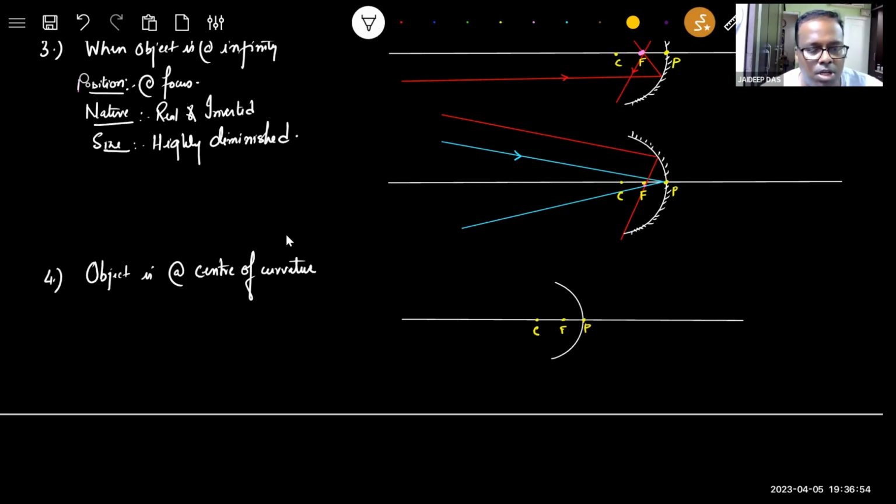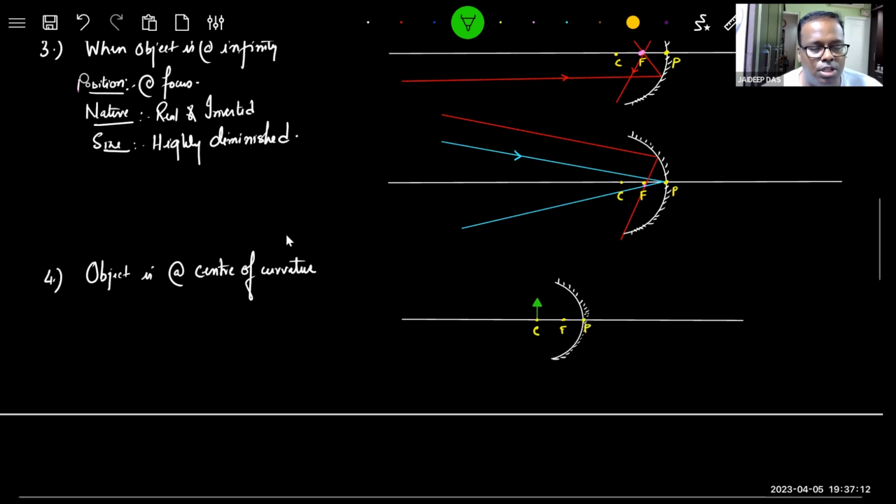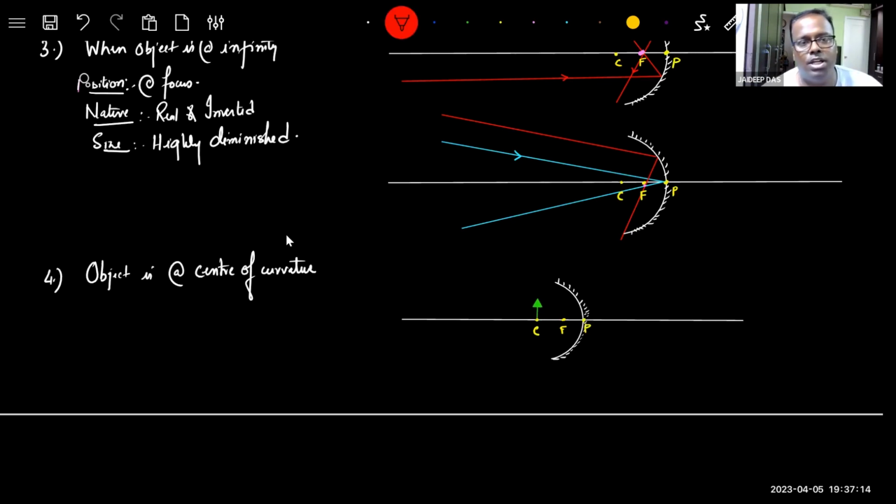Let me make my mirror. Fine. Clear? तो इसमें हम ऑब्जेक्ट कहां पे रखेंगे? ऑब्जेक्ट रखेंगे एट सेंटर ऑफ कर्वेचर। ये हमने हमारा ऑब्जेक्ट रख दिया। सो फर्स्ट रे ऑफ लाइट कैसा रहेगा?